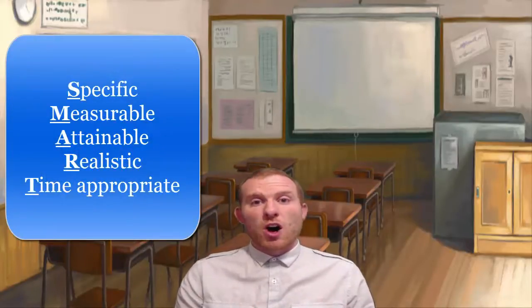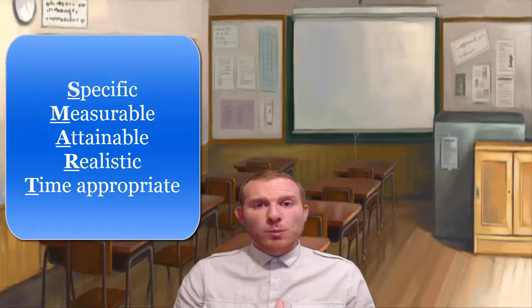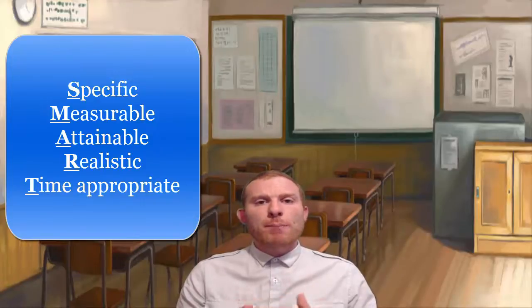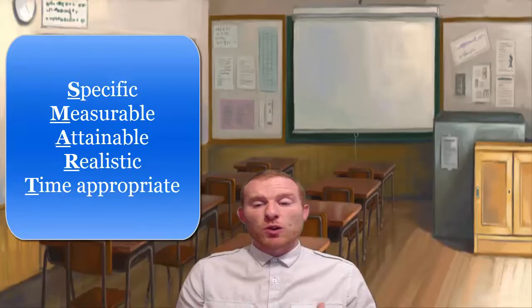It's called SMART, and the letters stand for different things: specific, measurable, attainable, realistic, and time appropriate. We need to remember each one of those factors whenever we set a lesson objective.